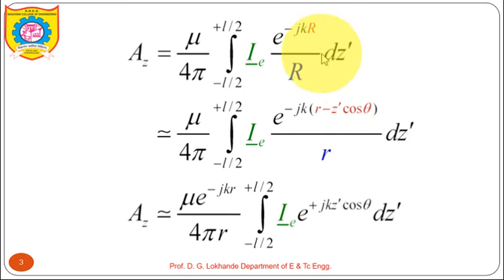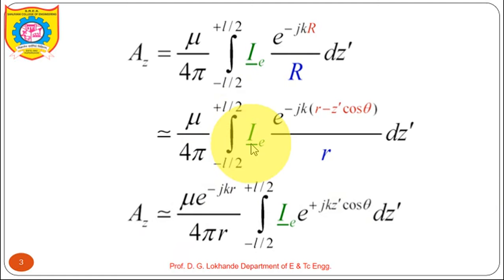Here the capital R is replaced by r minus z dash cos theta in the phase, whereas in the denominator capital R is replaced by the small r. So this Az equation will be modified as mu upon 4 pi, integral from minus L by 2 to L by 2 of I of e raised to minus j k in bracket r minus z dash cos theta bracket complete, divided by small r, dz.